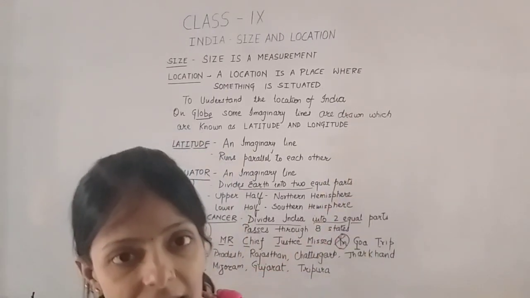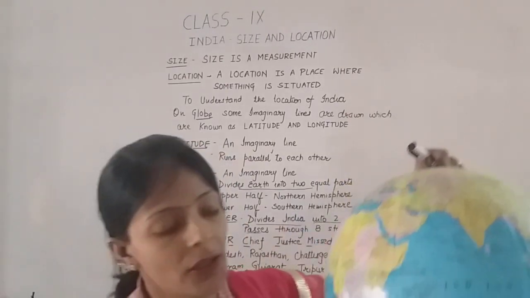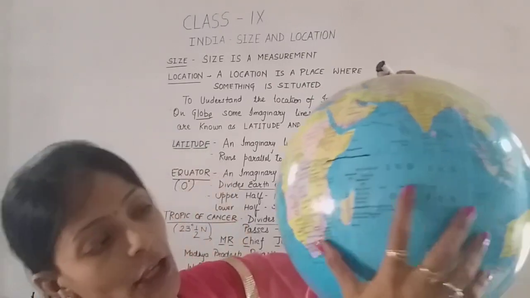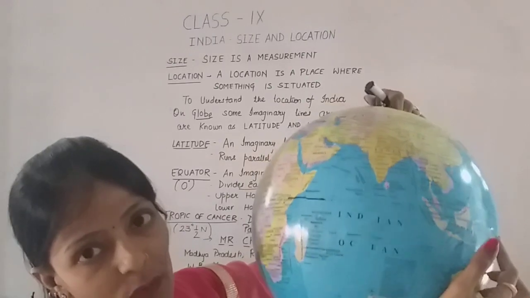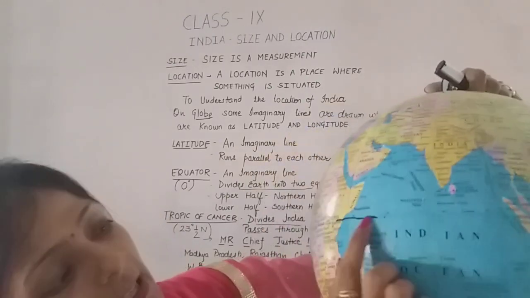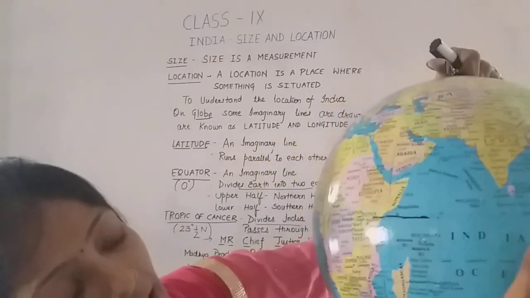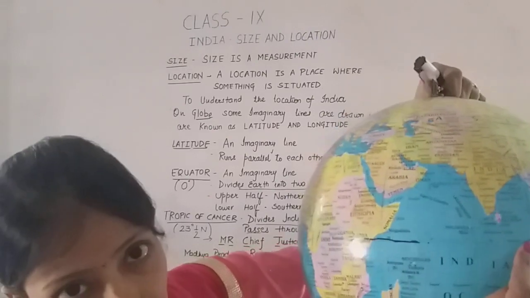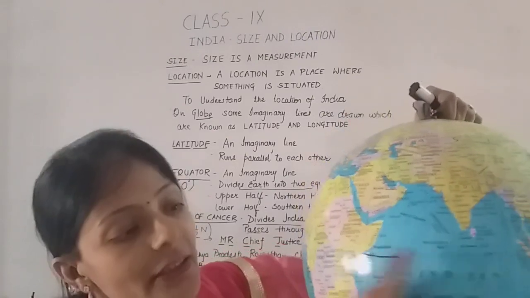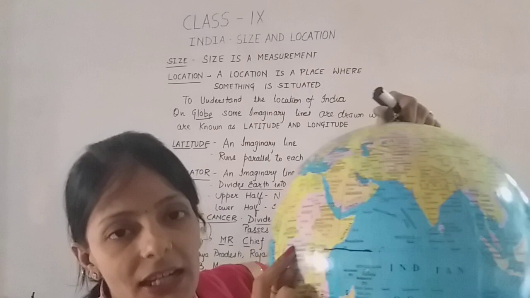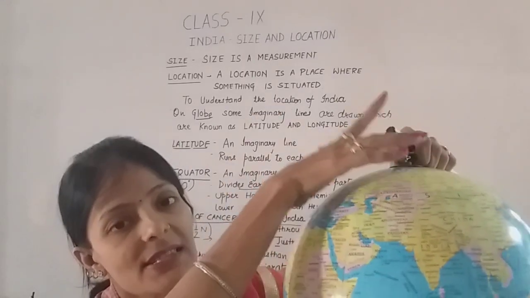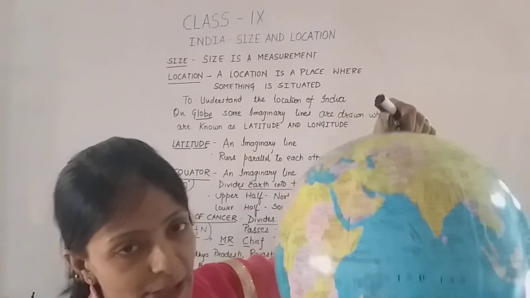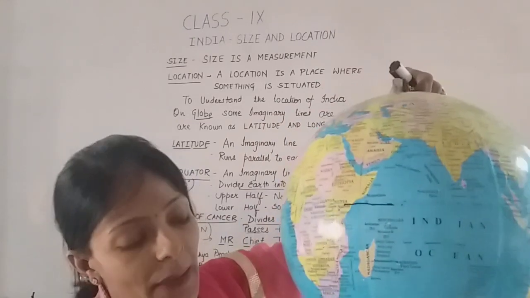In the same sense, students, equator divides the earth into two equal parts. This line is equator. It's at 0 degree. This equator divides the earth into two equal parts. This part is known as northern hemisphere, whereas this part is known as southern hemisphere.